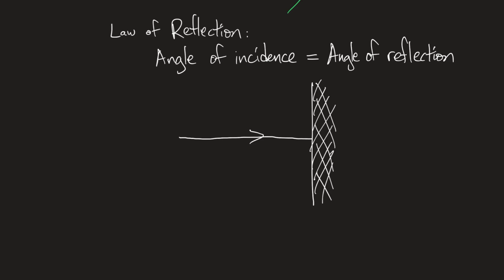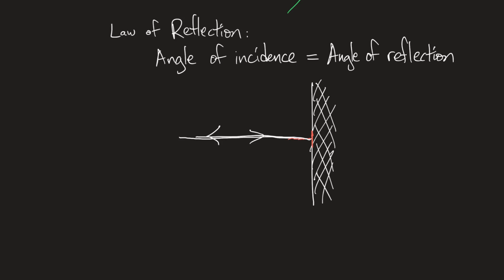Because if you drew a normal line at this point, this light ray would be right on that normal line. So there's actually no angle. So that light ray would be expected to bounce right back at the source like this.